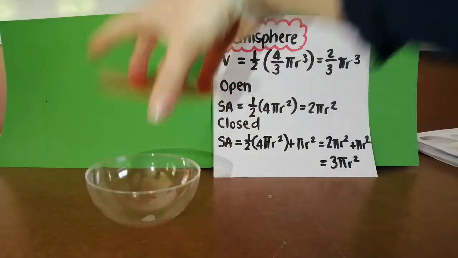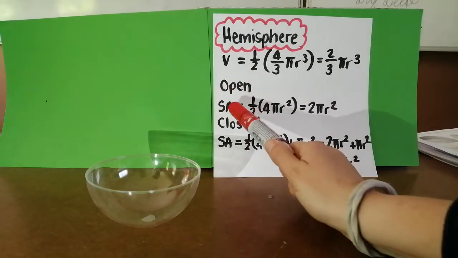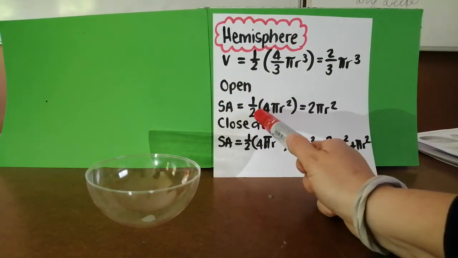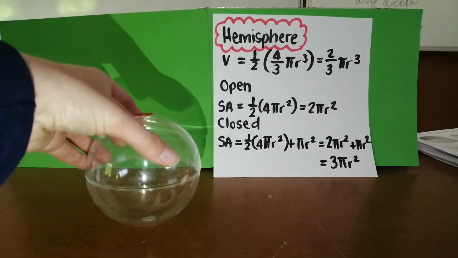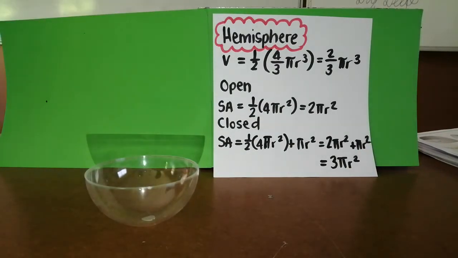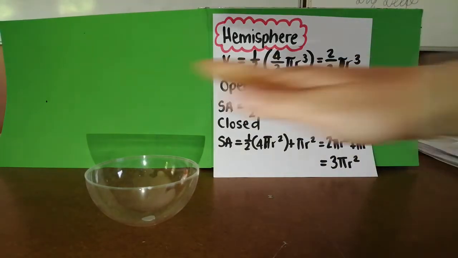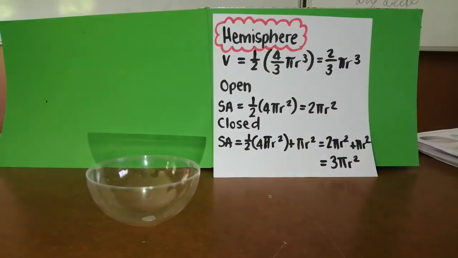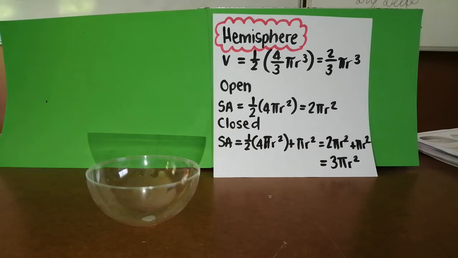If I take this lid off and I have an open hemisphere, the surface area is simply half the surface area of the original sphere. When I simplify that, I just get 2 pi r squared. There is no lid, so I don't add on an extra circle like I did with the closed hemisphere.